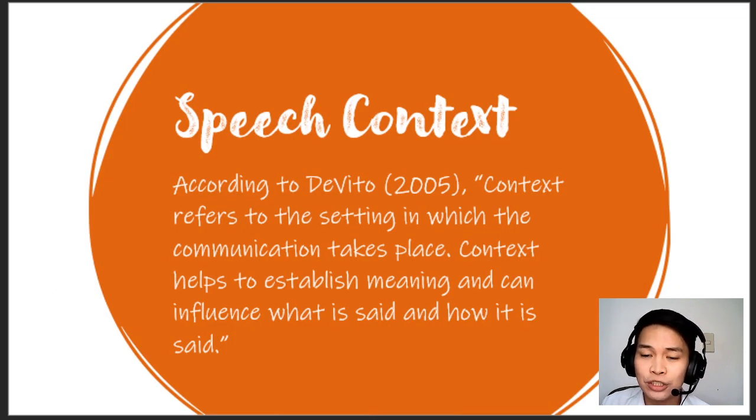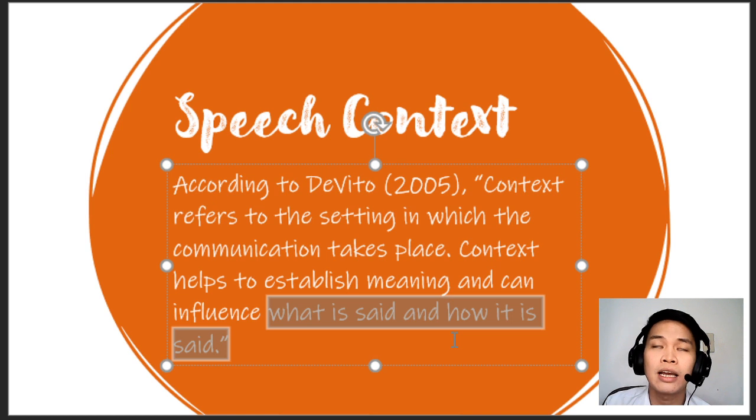Speech context 2, according to DeVito, 2005, context refers to the setting in which the communication takes place. So again, it's the setting. Context helps to establish meaning and can influence what is said and how it is said. This is very true, class.